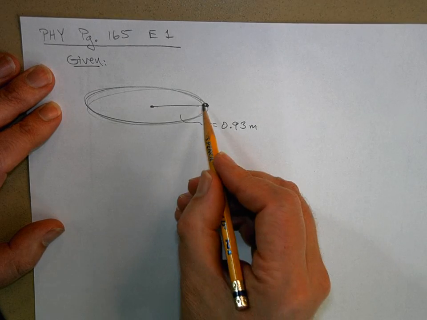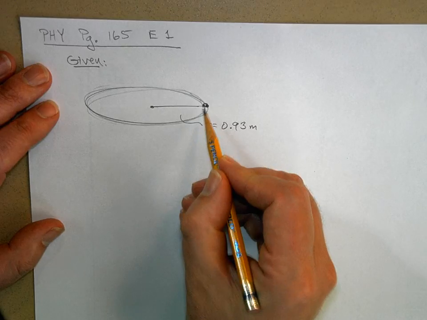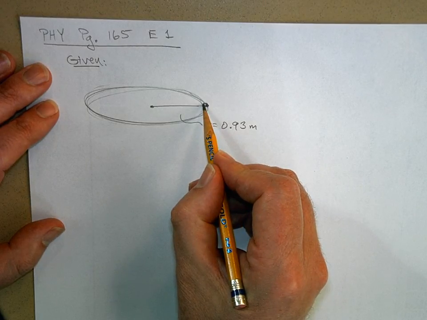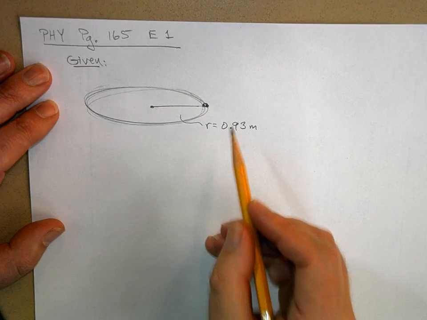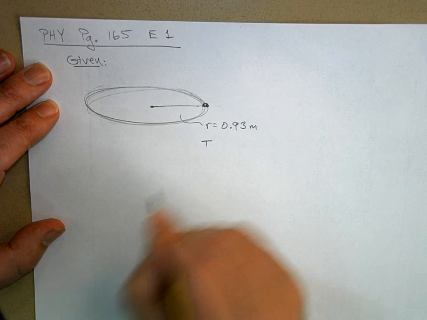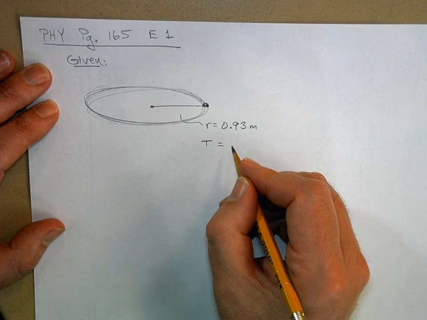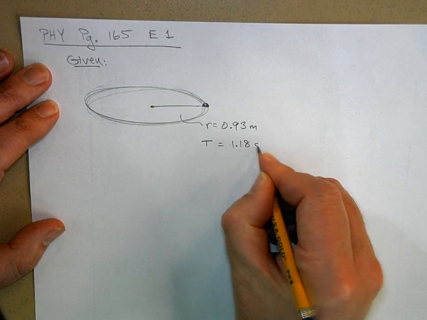The time it takes to go around once, pay attention, we call the period. And the period here is 1.18 seconds.